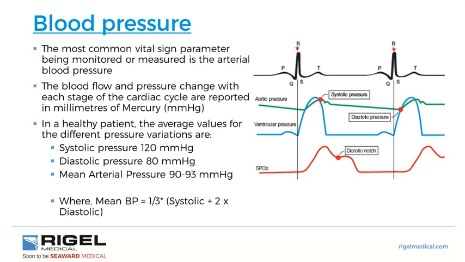In a healthy patient, the average values for this are typically 120 millimeters of mercury for systolic, 80 millimeters of mercury for diastolic, and for mean pressure 90 to 93 millimeters of mercury, where mean pressure is the following equation that we've got displayed there.